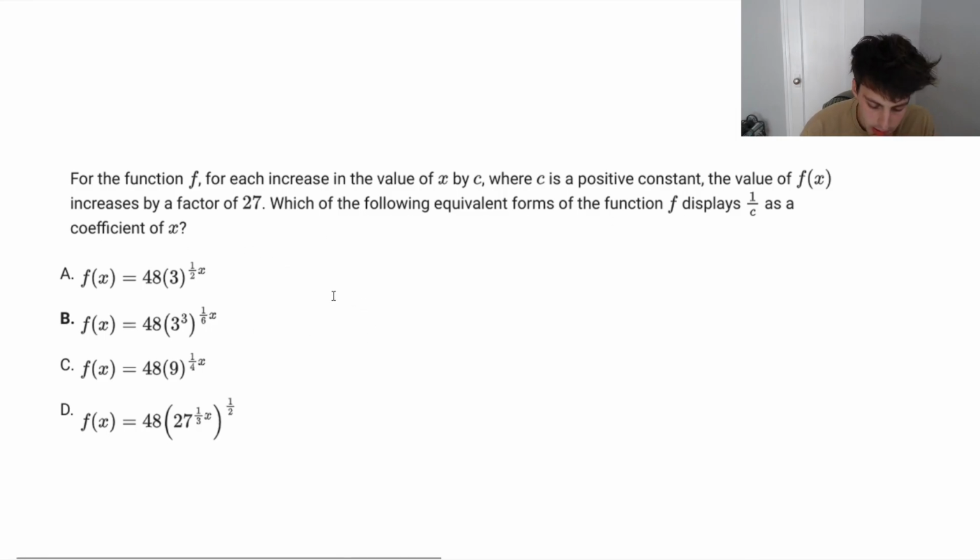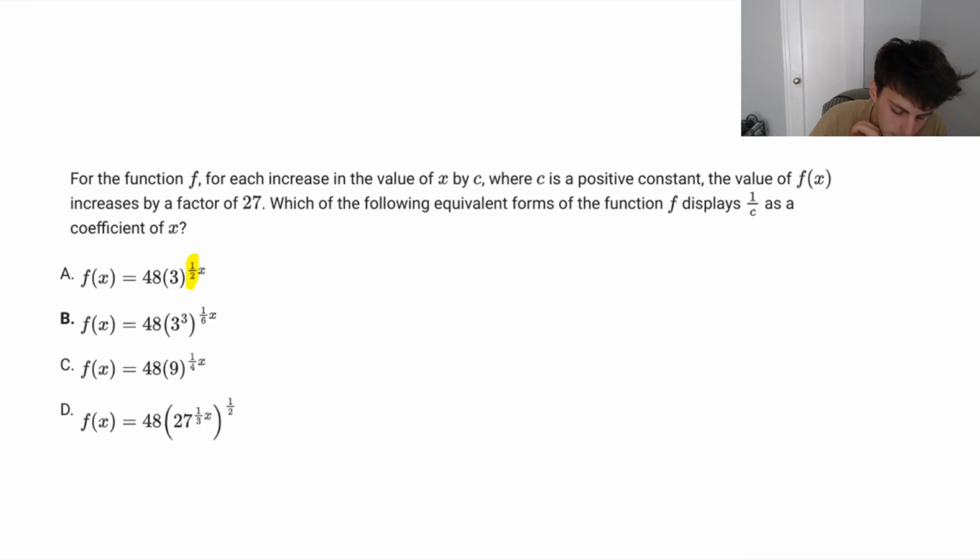Okay, this one looks a little bit confusing just by the wording of the question, but let's break this down. Which of the following functions displays 1 over c as a coefficient of x?